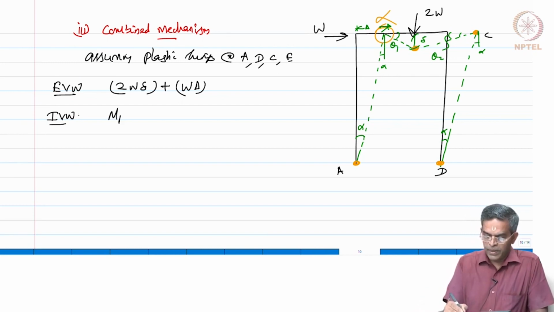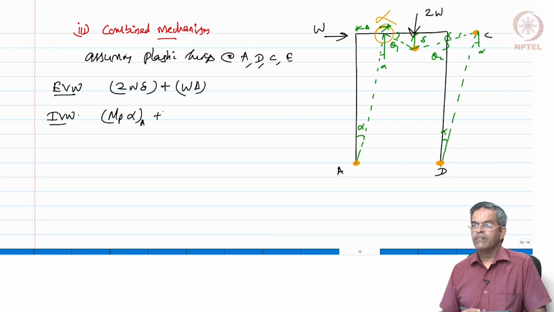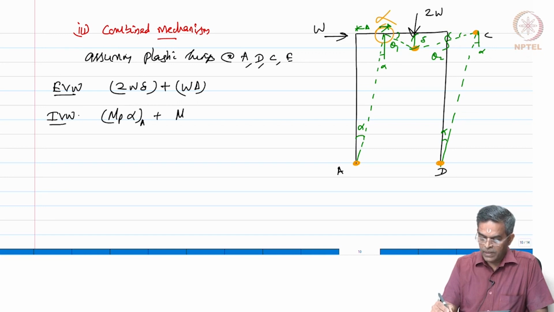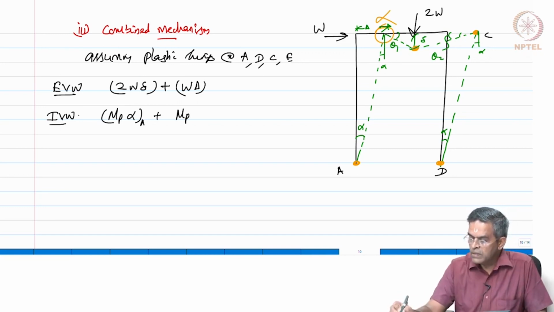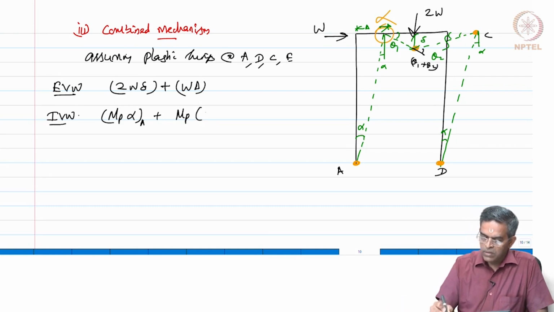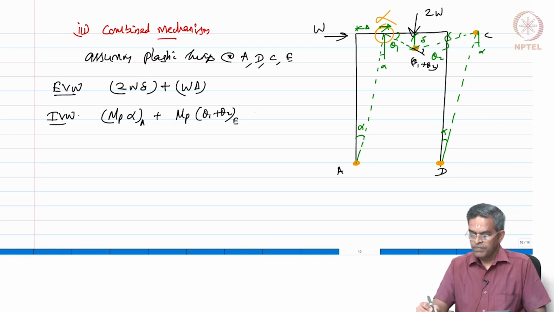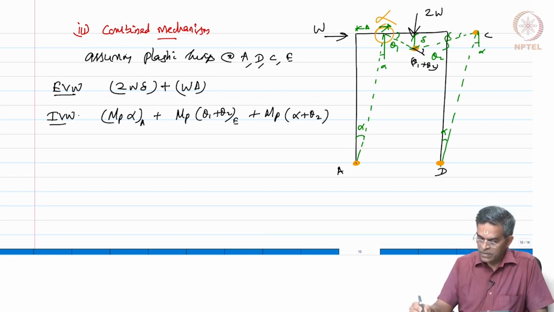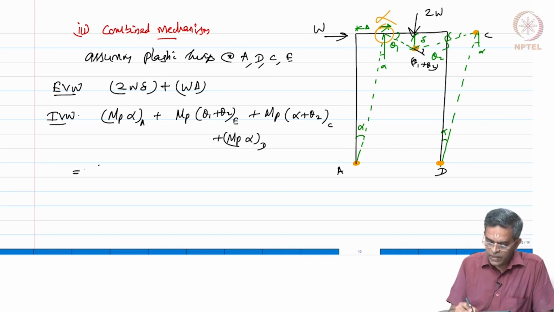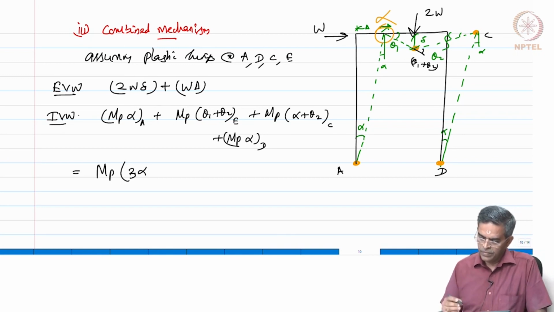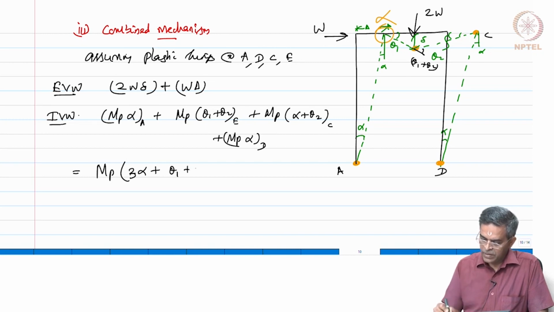So, we should say MP into alpha, which is at A, plus MP into theta 1 plus theta 2, which is going to occur at E, plus MP into alpha plus theta 2, this is at C, plus MP into alpha at D. So, which can be said as MP times of 3 alpha plus theta 1 plus 2 theta 2.